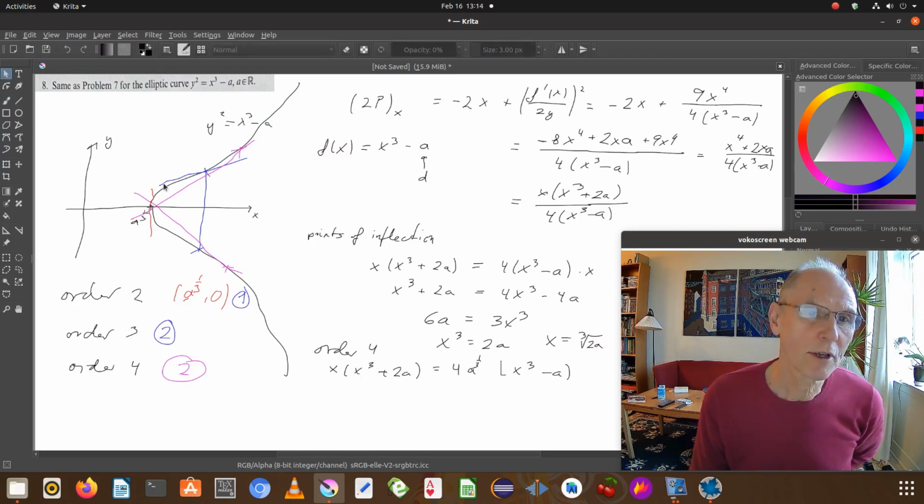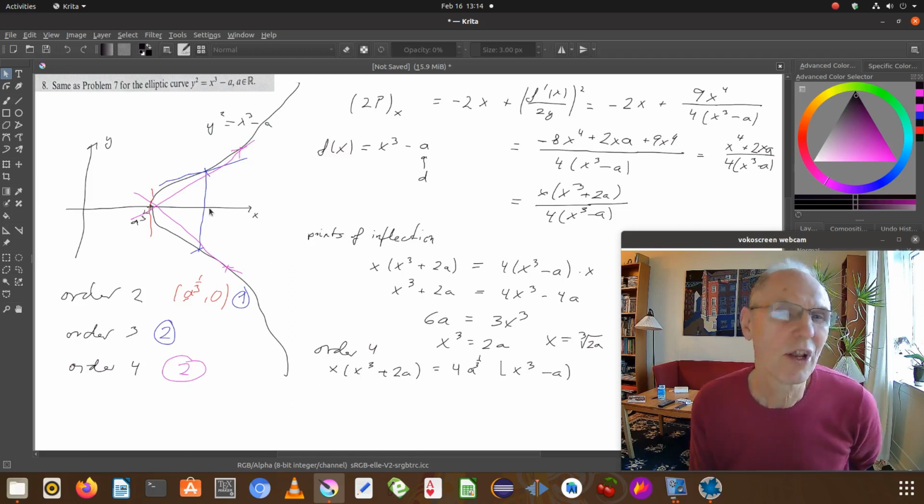that up to the inflection point it curves to the right, so it will intersect the x-axis to the left of the cubic root of a, and after the inflection point it curves to the other way. That doesn't mean that the intersection point will increase monotonically, does it? No. It seems credible that it does, but we actually need to solve this equation to show that it is true.